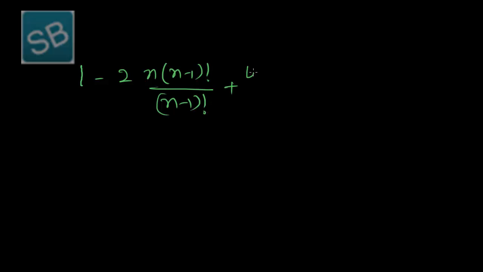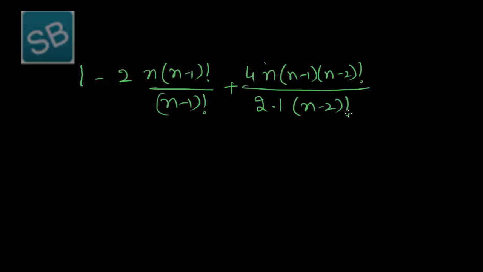That is 1 minus 2 into n times (n-1) factorial over (n-1) factorial, plus 4 n into (n-1) into (n-2) factorial over 2 into 1 into (n-2) factorial, is equal to 127.